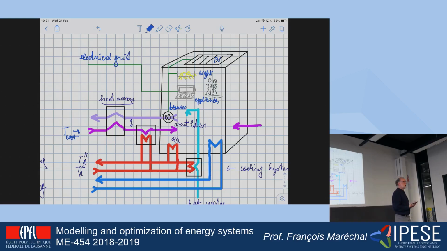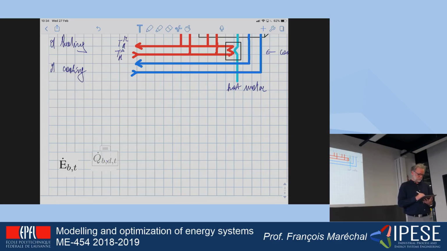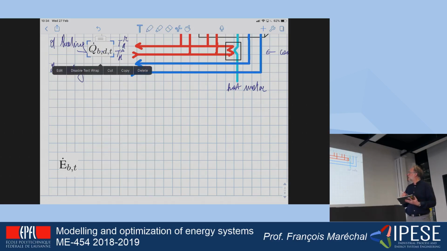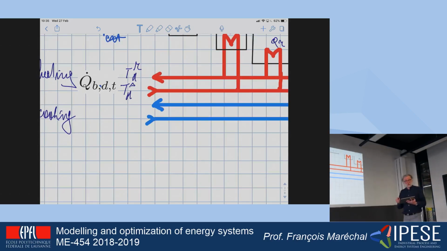Now if I have to define what the energy system has to characterize or to supply, then I need to be able to calculate what will be the flows that are needed in the different subsystems here, which means that I will have to calculate, for each demand or the distribution grid, for each time.